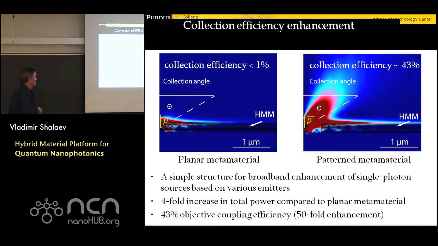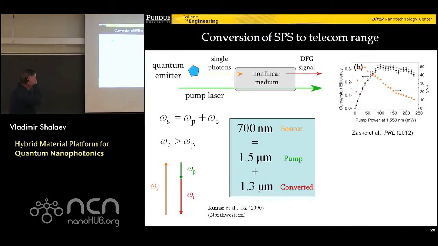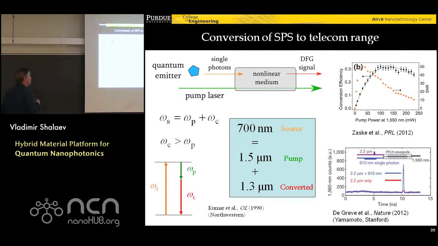and metamaterials. And remember that ideally we would like to convert these single photons to telecom wavelengths. Like in this case I just showed, single photons were generated in the visible. We need to convert them to telecom eventually.